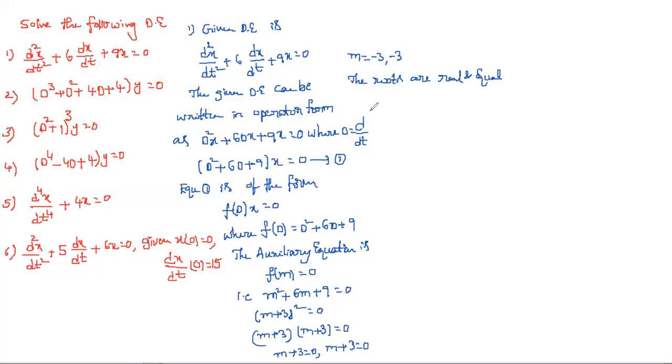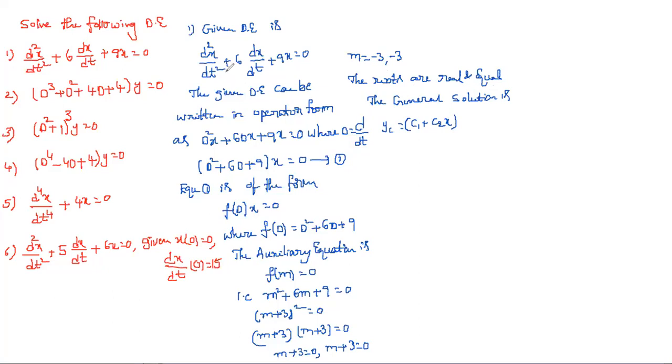Then what about the complementary function? Here we say that the complementary function is the general solution. The complementary function yc, when the roots are real and equal, is c1 plus c2 into, now we should not write x.